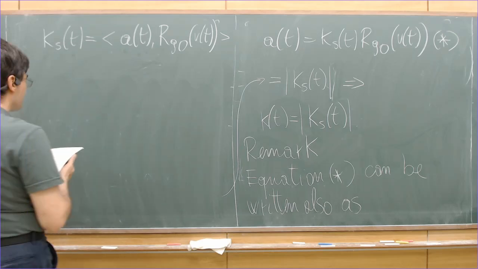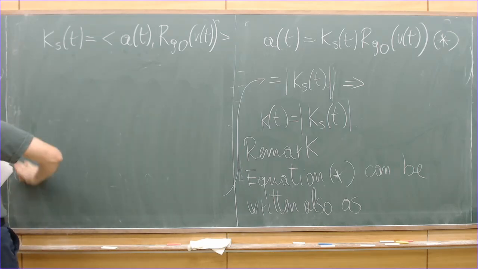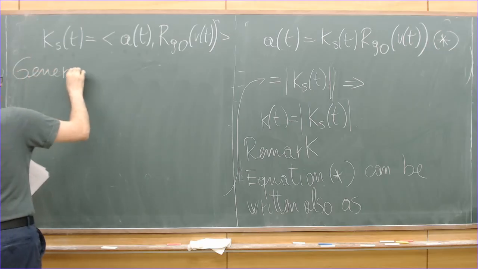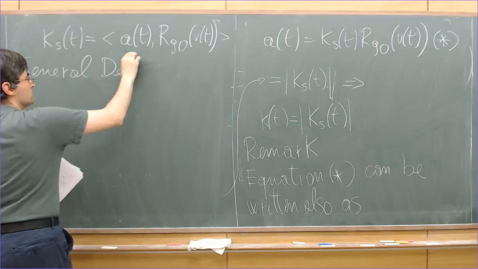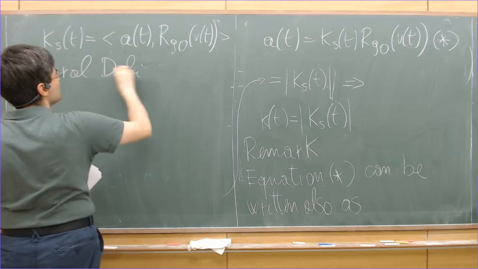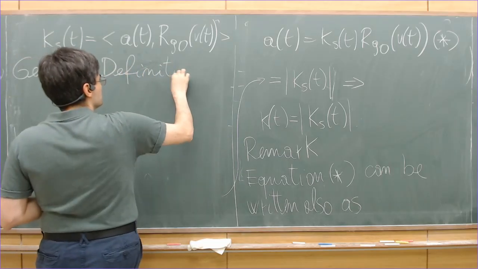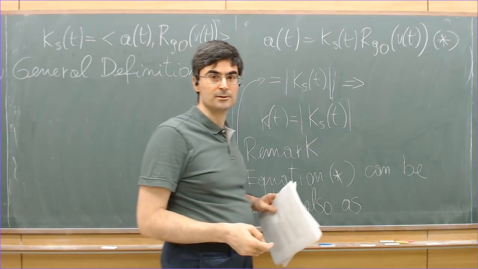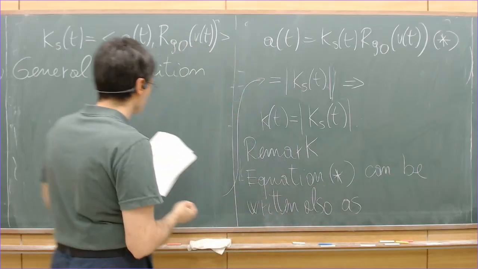I would like to give the definition of ks for a curve which is not of unit speed.